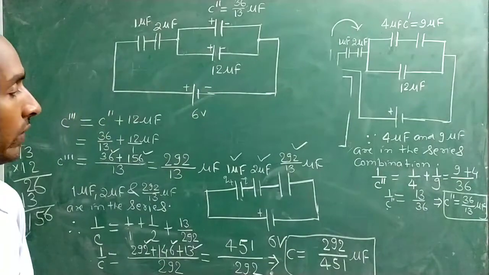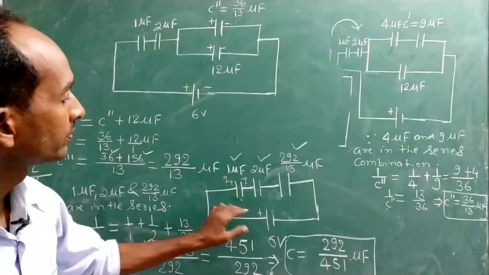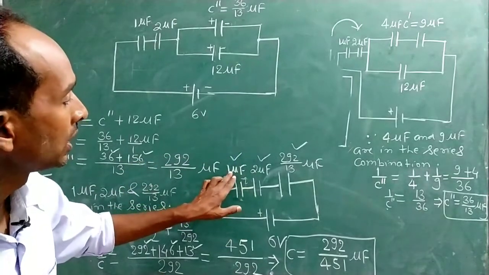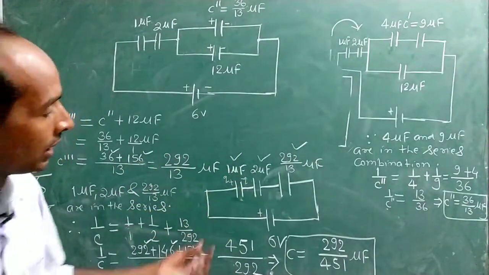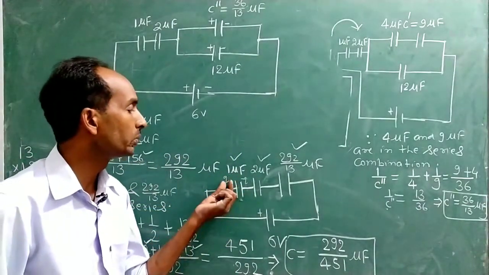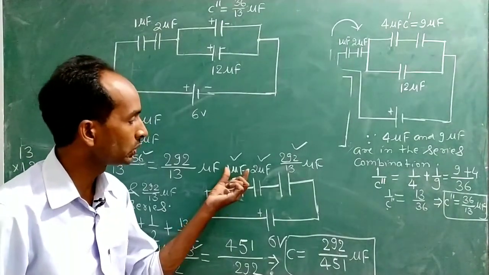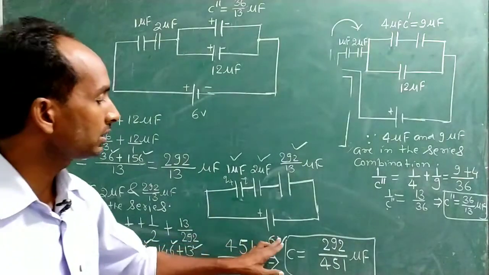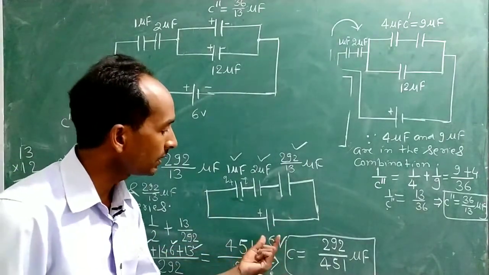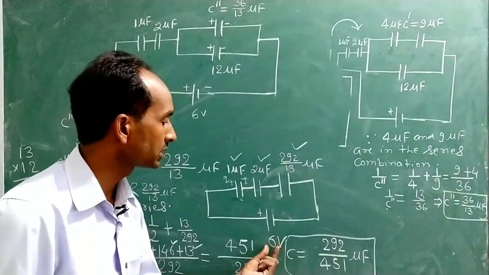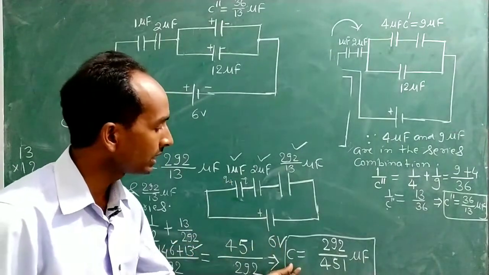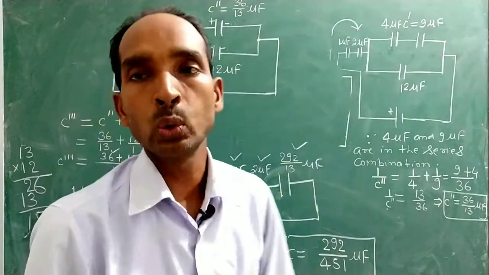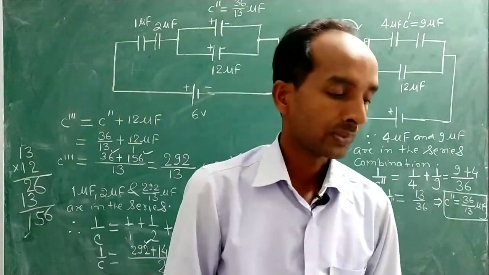Now we have to find the potential across the 1 microfarad capacitor. In this figure, charge Q is given to the 1 microfarad. The potential of the cell is given as 6 volt and the equivalent capacitance is C. Then we will find the whole charge in this circuit.